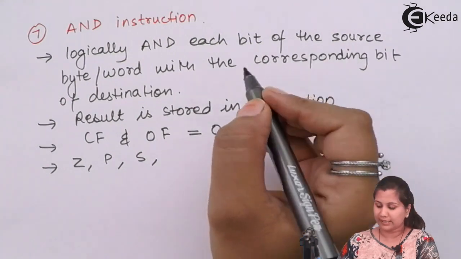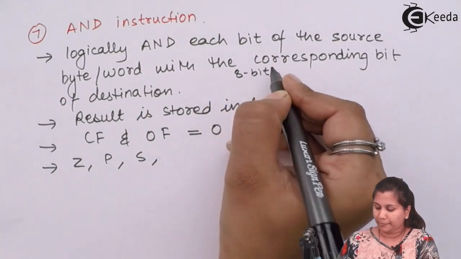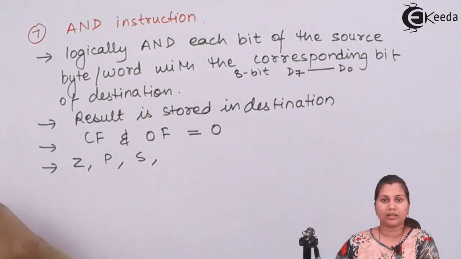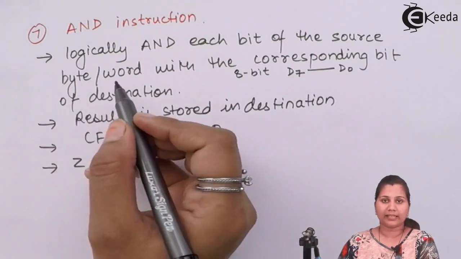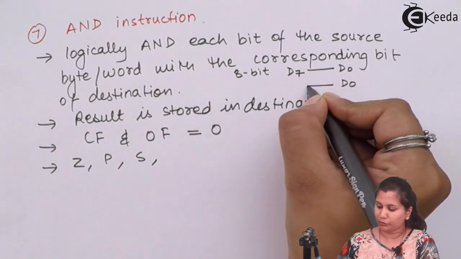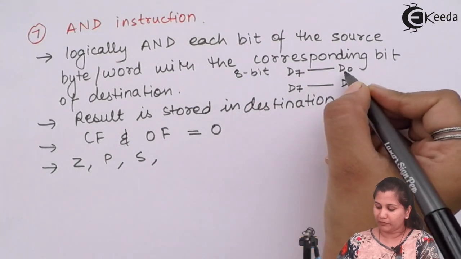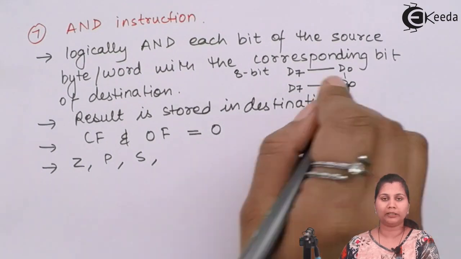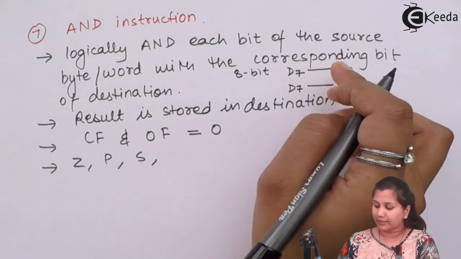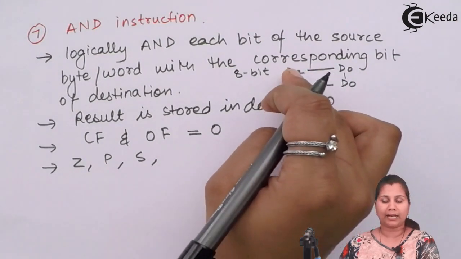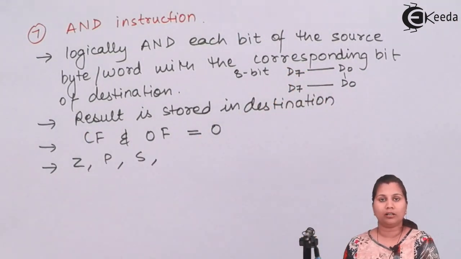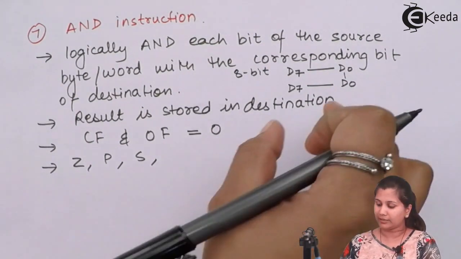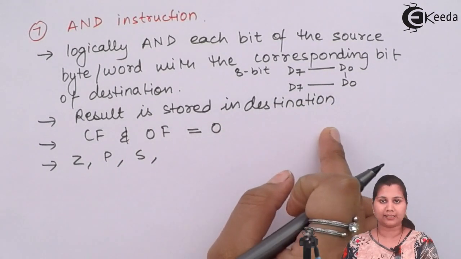Suppose the source has 8-bit data with bits from D0 to D7. The destination also has 8-bit data from D0 to D7. So every bit will be ANDed with each other. D0 of the source will be ANDed with the D0 bit of the destination. Similarly, D7 will be ANDed with the D7 bit of the destination. The corresponding bits are ANDed and the result is stored in the destination.